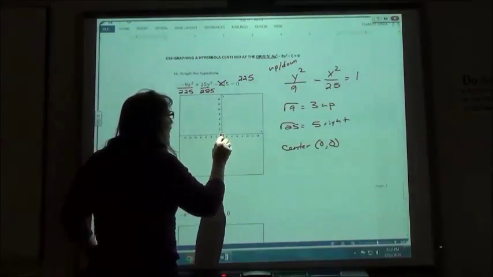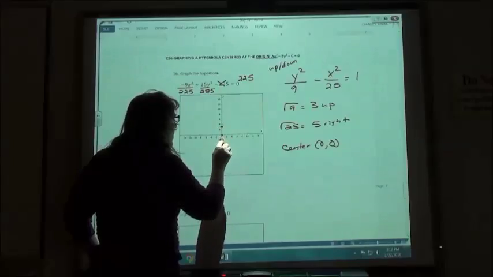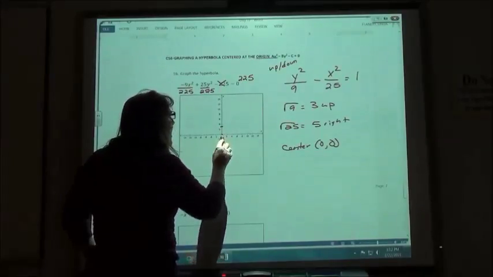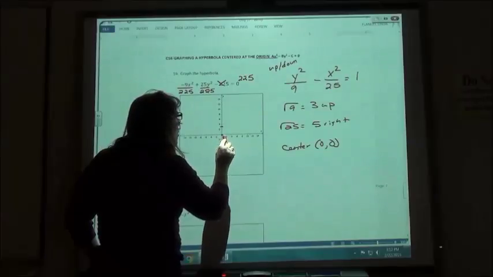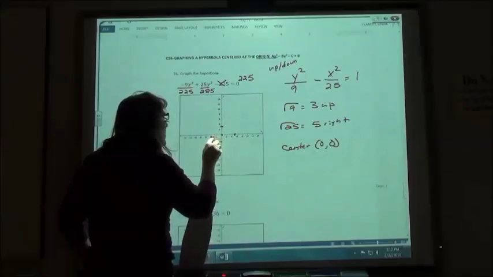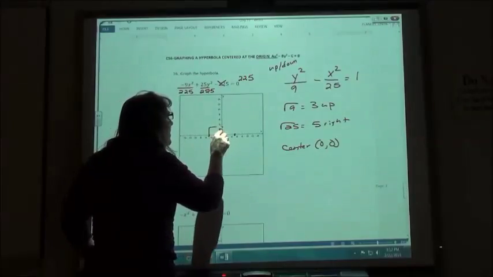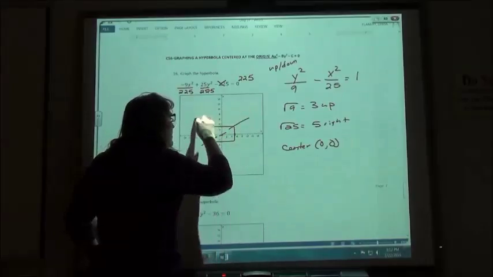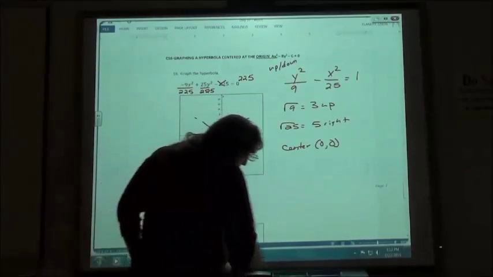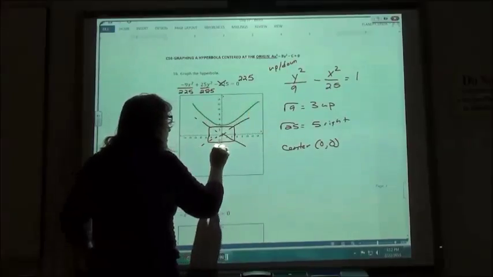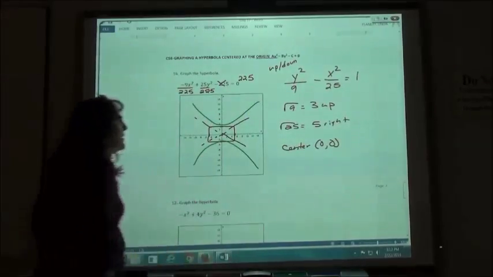I'm going to go 3 up, 1, 2, 3, which also means it's going to go 3 down. And then open my rectangle, 1, 2, 3, 4, 5 to the right, 2, 3, 4, 5 to the left. So my rectangle looks something like this, and my hyperbola is going to go up or down. So it's going to look something like that.